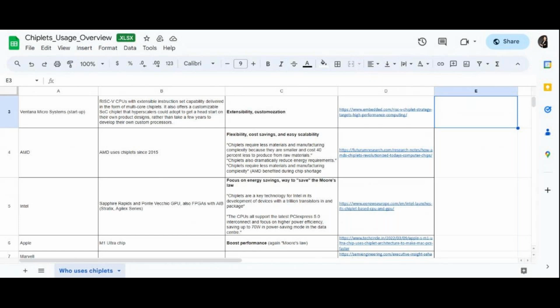I think everyone is aware that AMD and Intel are doing this because it helps them save money or gain performance. Otherwise they wouldn't have gone so far.